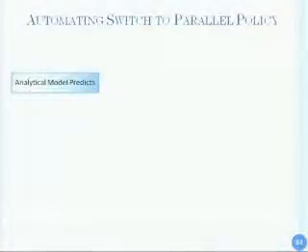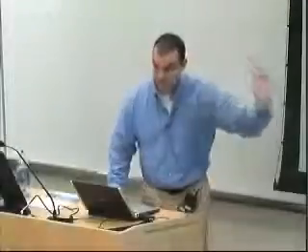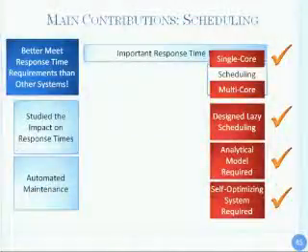So I don't do this either. Now, I'll just briefly say that my analytical model predicts, simulations show, and experiments confirm that if you have multiple cores, regardless of what the user's requirements are, run the parallel policy. So those are my scheduling contributions. Let's briefly look. I'm kind of running out of time.